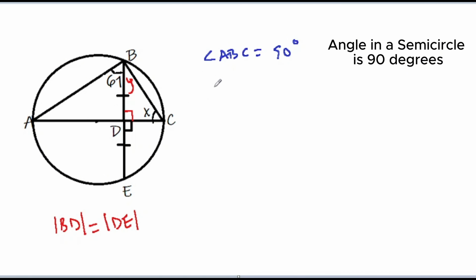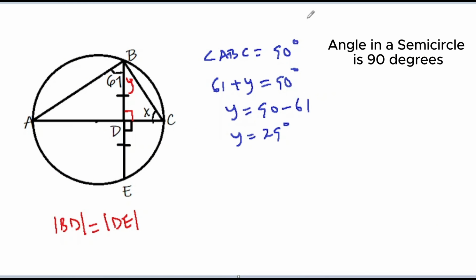Alright, so that makes 61 plus y. The sum of the two is actually angle ABC, and that is equal to 90 degrees. Okay, so y is 90 minus 61. So y is 29 degrees.